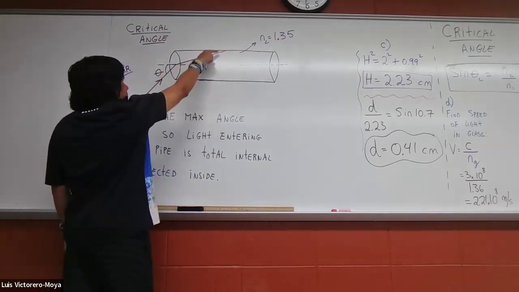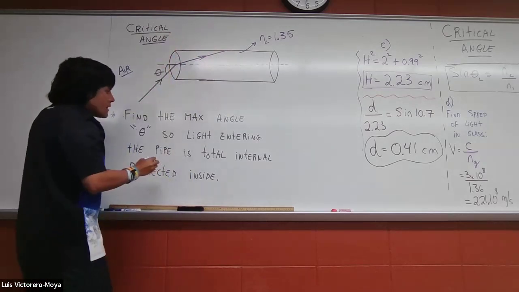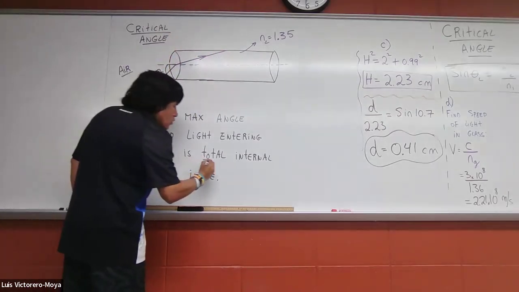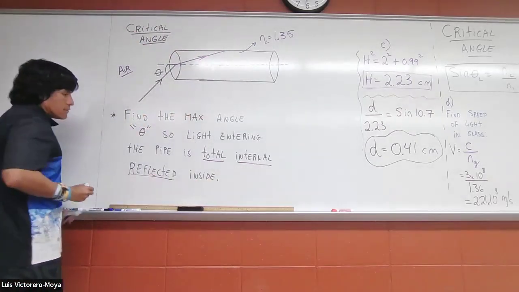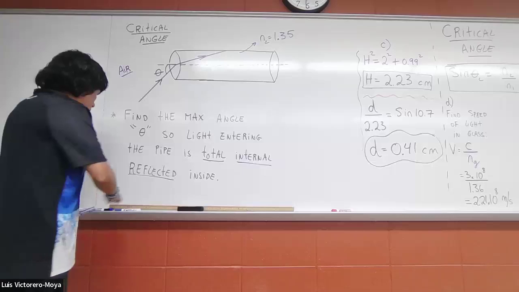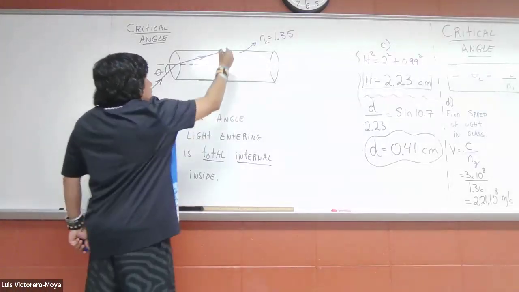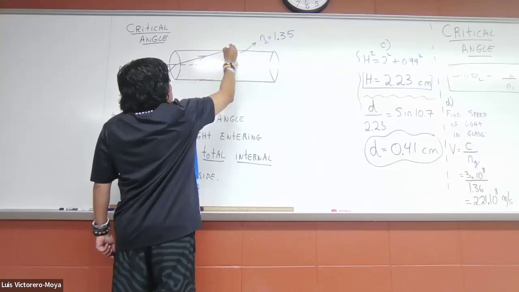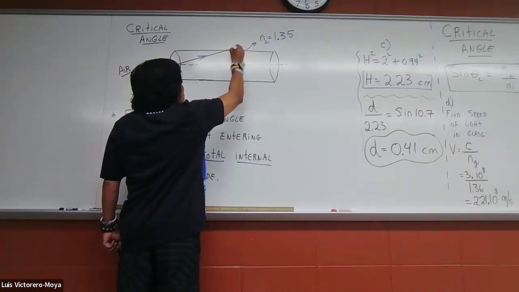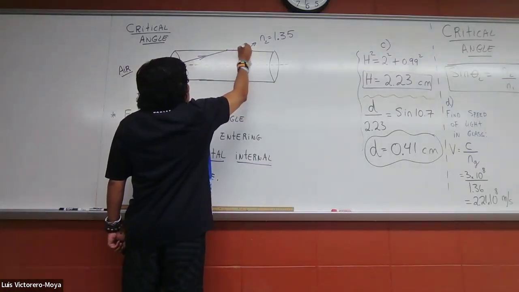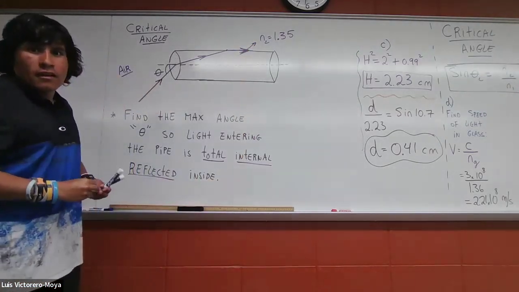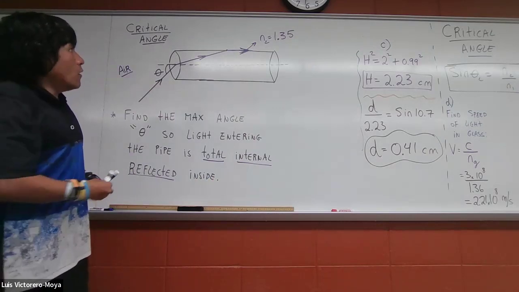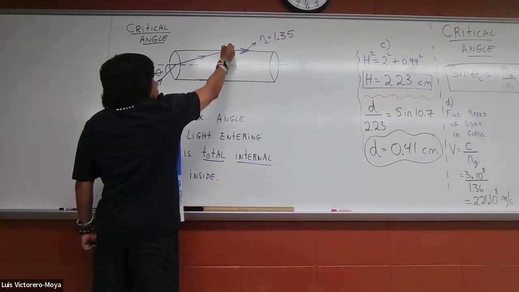That's the light inside. But then you want the light to be total internal reflected. So you want light to enter like this, and then go like this, or even like this.